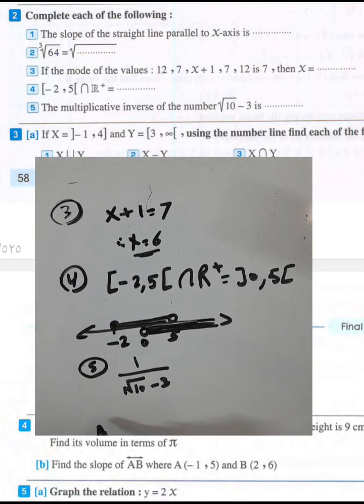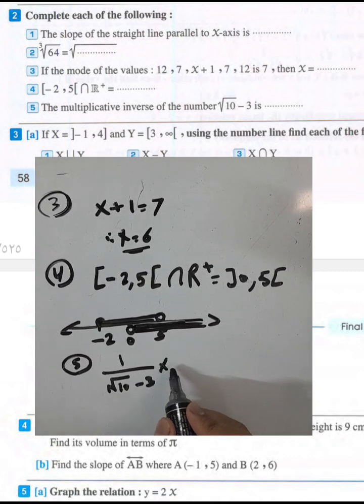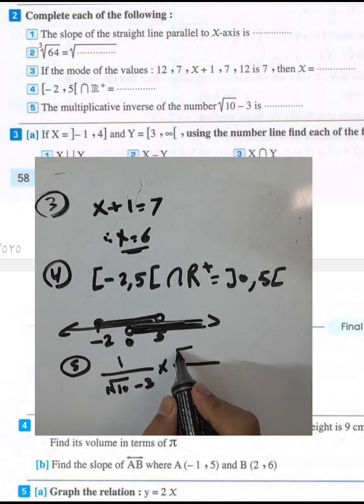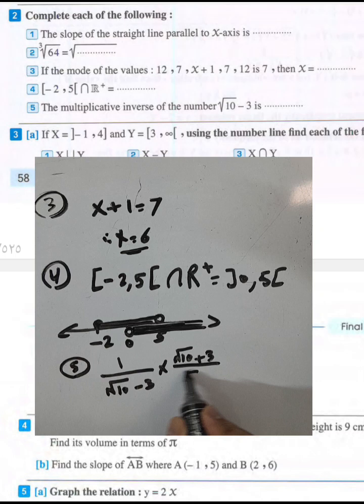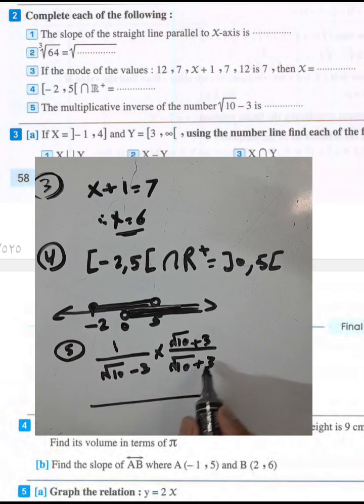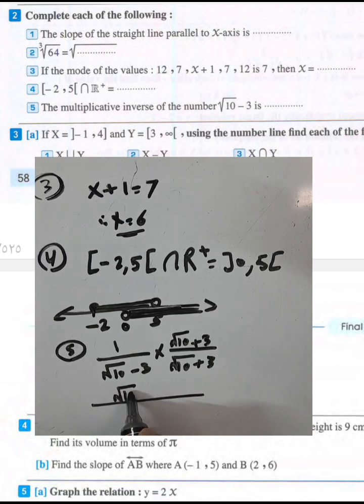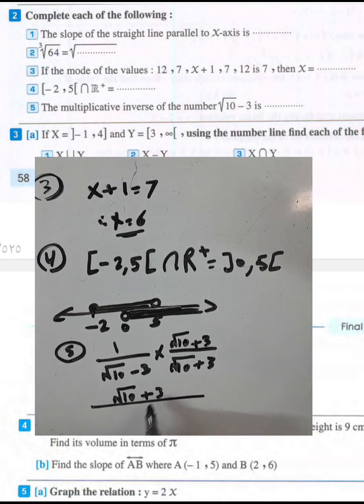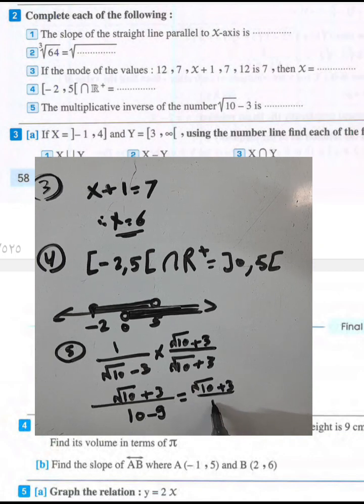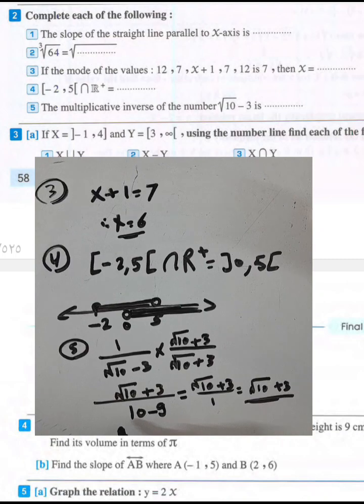Then you can simplify this fraction by multiplying by the conjugate of the denominator, root 10 plus 3, in the numerator and the denominator. The numerator will be root 10 plus 3, and in the denominator root 10 times root 10 will be 10, and negative 3 times 3 will be negative 9. The result will be square root of 10 plus 3 over 1. Then the result will be square root of 10 plus 3. It's the result for question number 5.